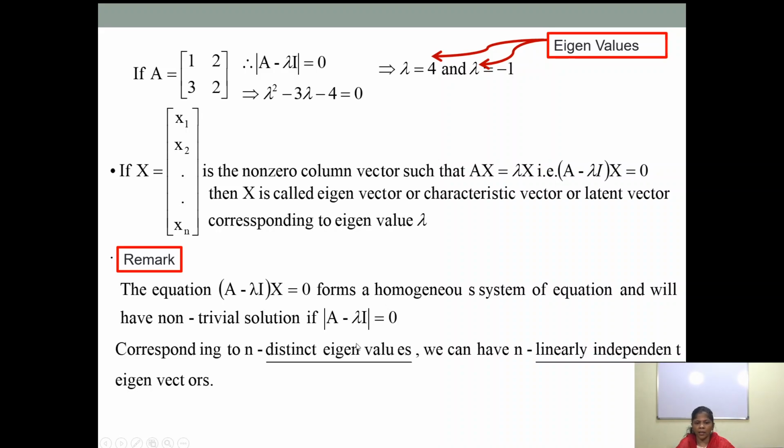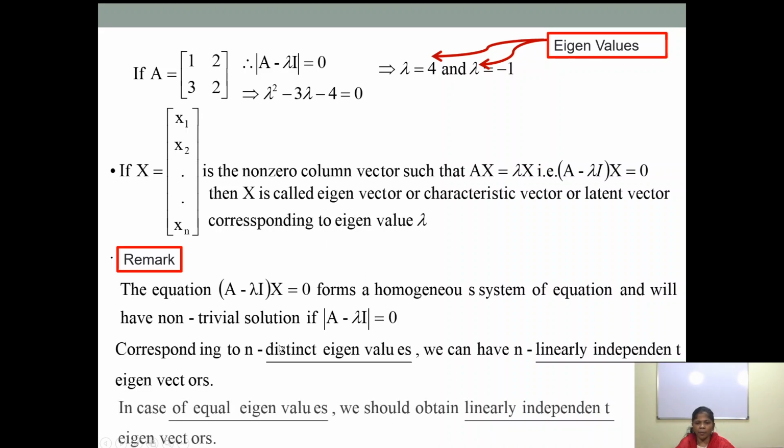Then the second thing is, we will have n number of distinct eigenvalues. For that we want to obtain n number of eigenvectors which are linearly independent. For n number of eigenvalues, we want n number of linearly independent eigenvectors. Now there may be a possibility that the eigenvalues are the same.